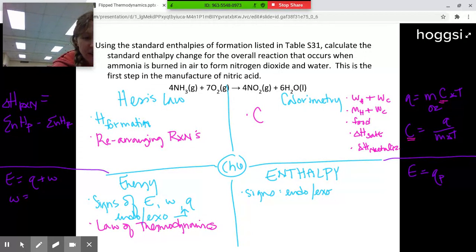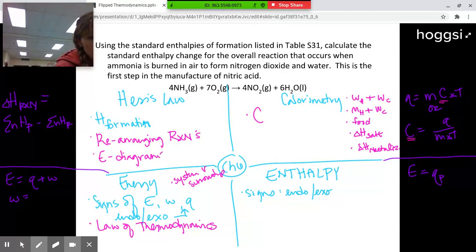There's a whole bunch of concepts in here like system versus surroundings. For Hess's law, I would say like energy diagrams. Kinetic energy, potential energy, although that's not really a big topic for us.